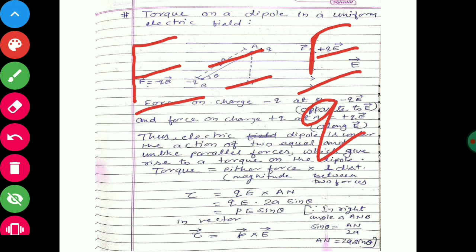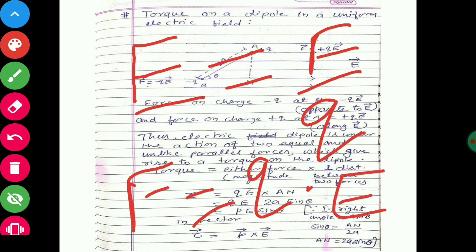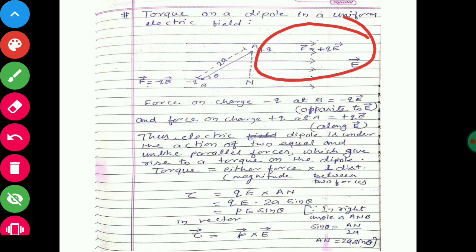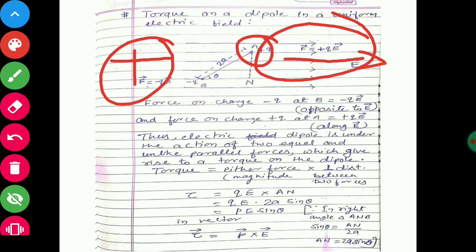Force by charge. You can say that force is equal to what? Q into E, electric field intensity. So here, due to that electric field, the force exerted on that charge plus Q in that direction is plus QE.